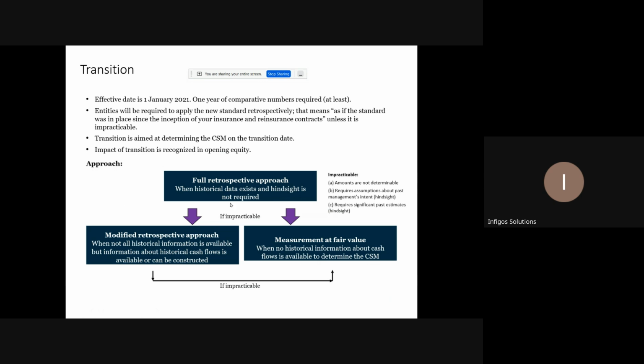Second case, when you don't have the historical data, but you can still have information about the historical cash flow, or it can be constructed. If that is practical, then you use a modified retrospective approach. Third case, when you don't have historical cash flow, or it cannot be reconstructed, then you use the fair value approach. Fair value is more like a selling value of an insurance contract group. You want to sell this portfolio for this much amount. That becomes the fair value.